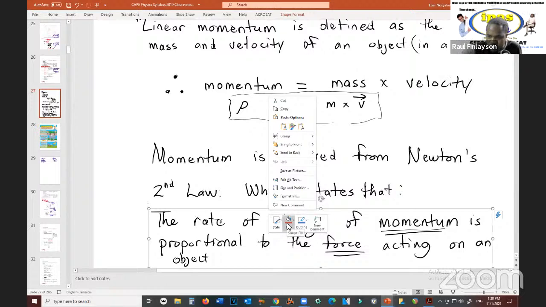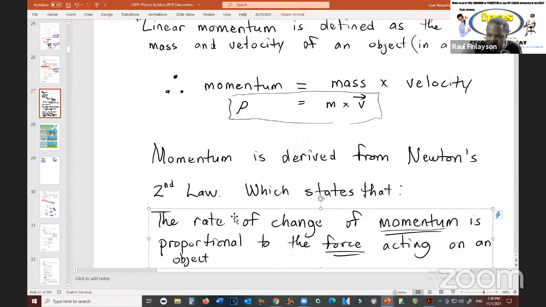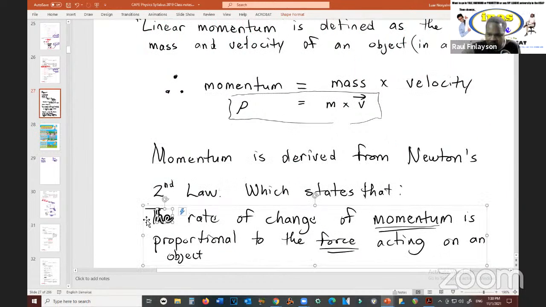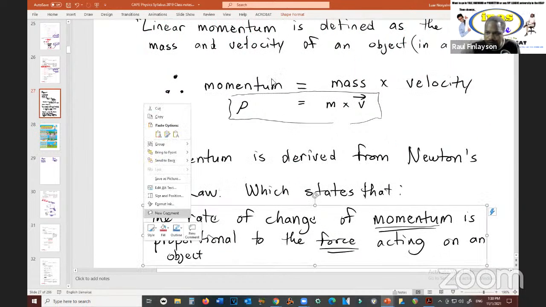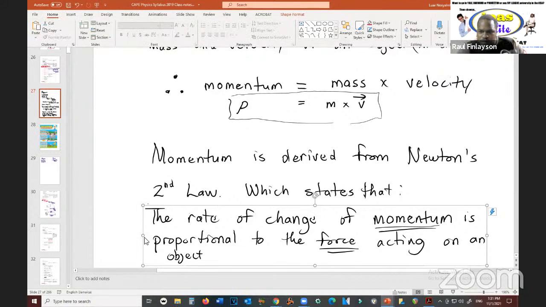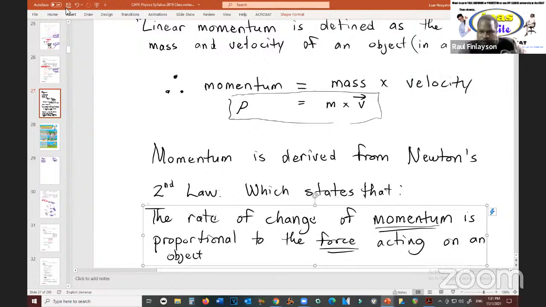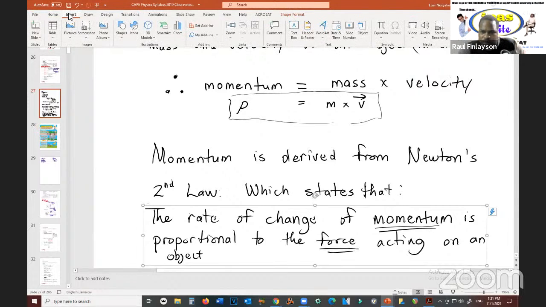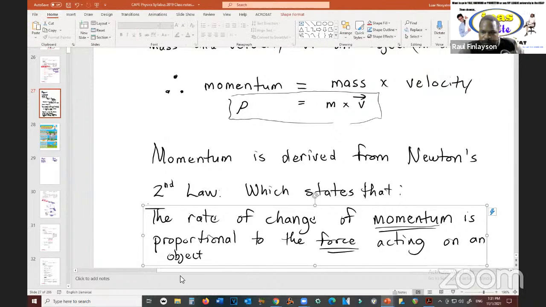I seen the text. Why is the text to them? Supposed to insert.